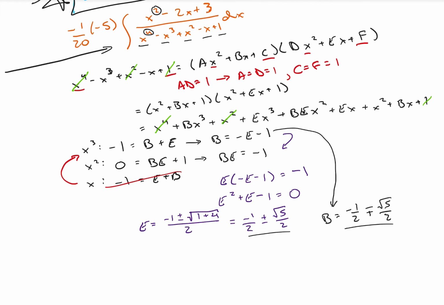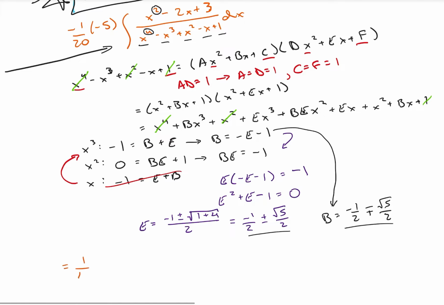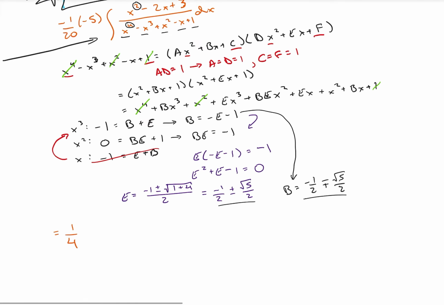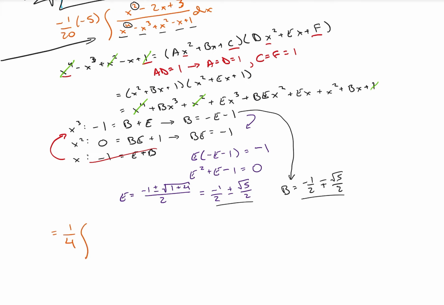So that whole equation is then going to become 1/4 times the integral of something, so ax plus b over x squared plus my b term, -1 minus root 5 over 2. I'll do -1 plus root 5 over 2 over here, actually. So x plus 1 plus cx plus d. And these are different.